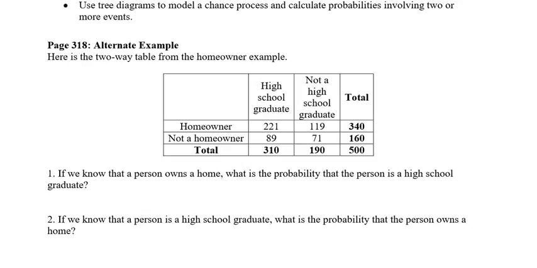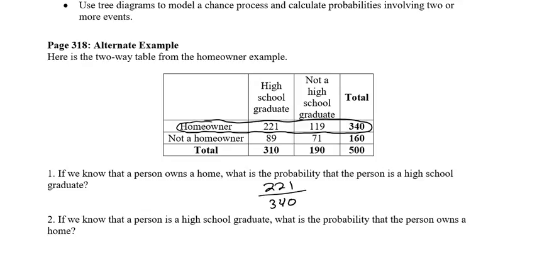So if we know that the person owns a home, what is the probability that the person is a high school graduate? Alright, so we know they own a home, so we only want to consider these people. Since we know they own a home, we're not concerned with the people that don't own a home. There were 340 people that owned a home, and 221 of them are high school graduates, so it's 221 out of 340.